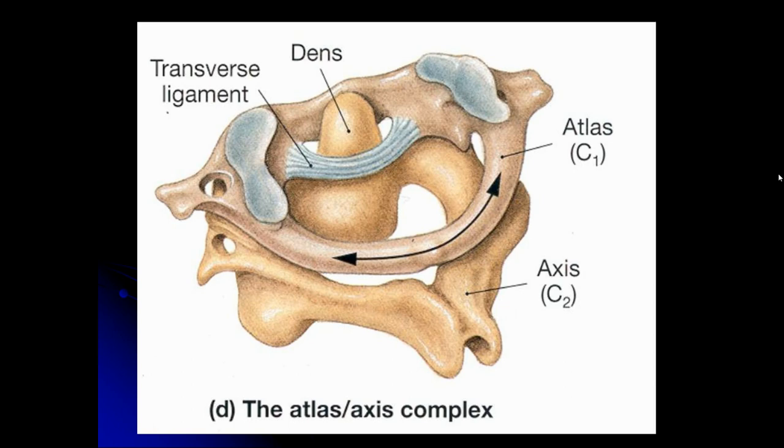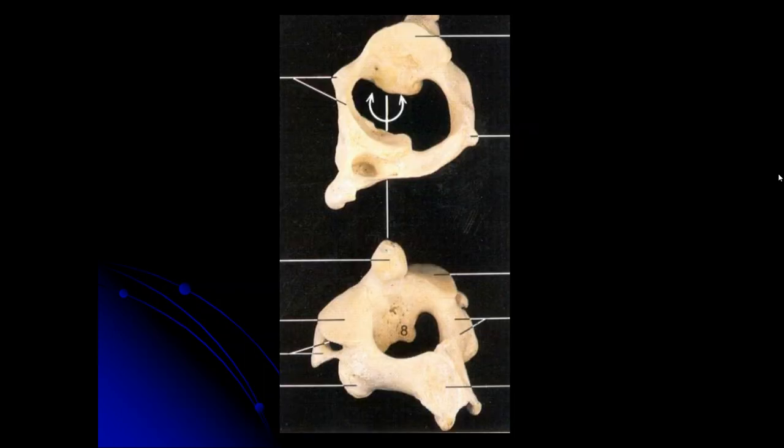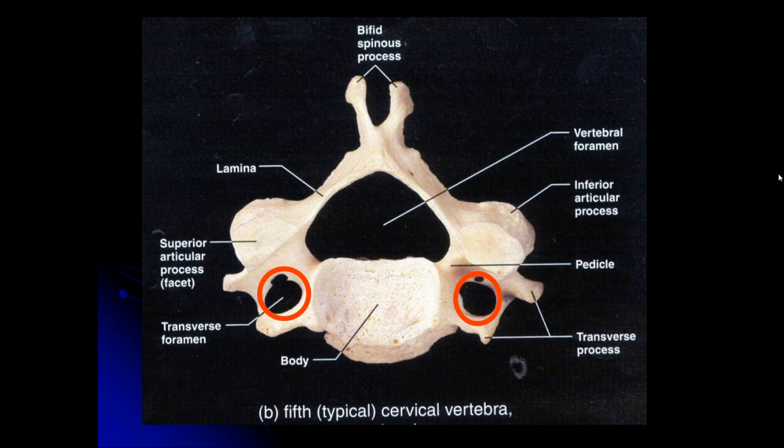This joint is what allows us to rotate our head back and forth, like shaking your head no. So again, there's the atlas and the axis, and then here's a typical vertebra. All the other vertebrae have nothing really unique about them except they all have these transverse foramina.